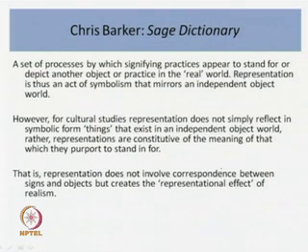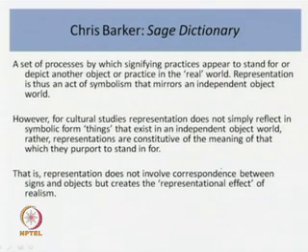Representation, he takes from the dictionary meaning, he takes it to mean a standing in for something else, or a standing for something else. We will read this again. Representation refers to a set of processes by which signifying practices appear to stand for, okay, or depict another object or practice in the real world.